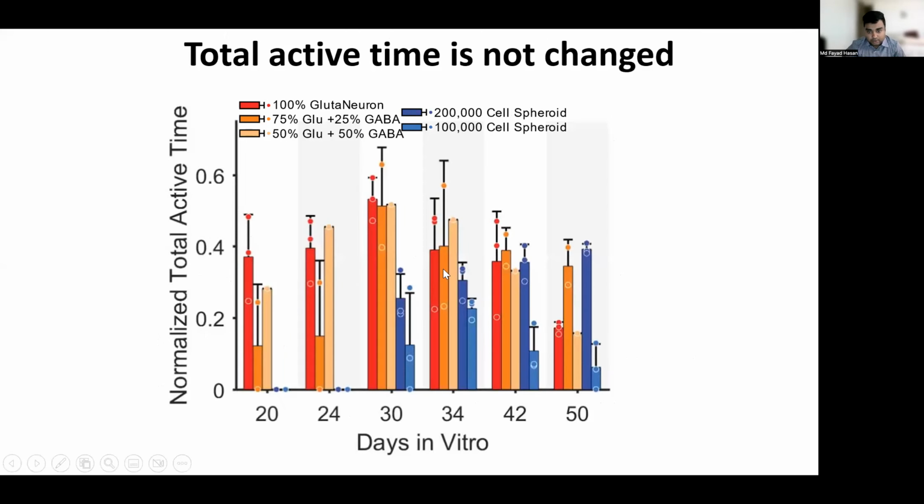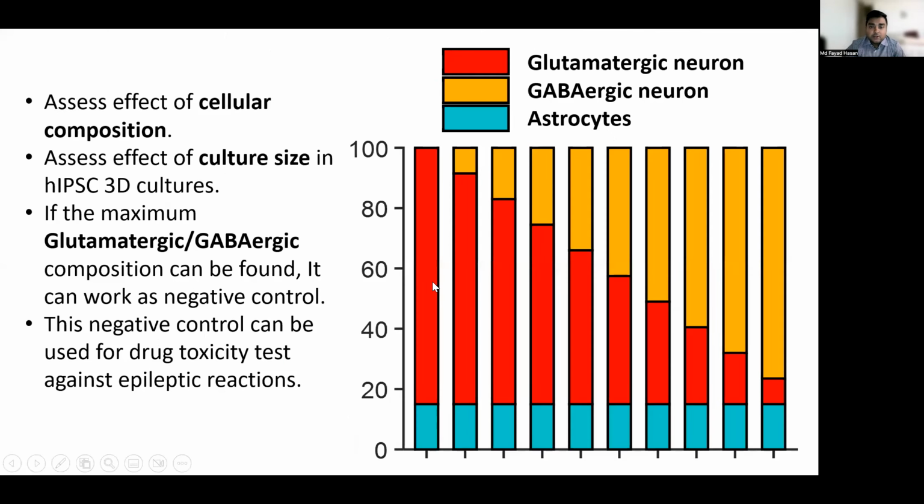Here you can also see the same data. With this, what we now want to do is get different ratios of astrocytes, glutamatergic and GABAergic neurons to get just the right proportion so that the culture is not bursting. Because with astrocytes and GABA neurons, you can change the culture's activity, right?